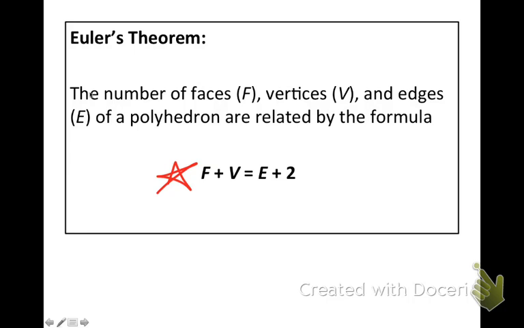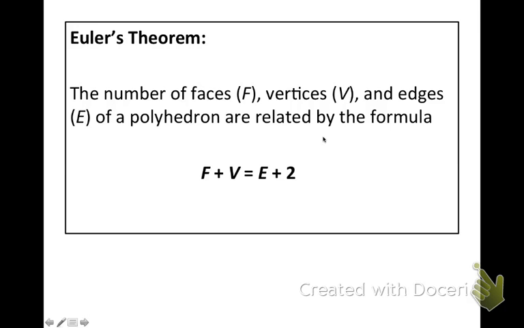It's Euler's theorem. So using Euler's theorem to solve for an unknown amount of faces, vertices, or edges. If you're not given a diagram of the three-dimensional shape, you can use Euler's theorem to actually find the unknown parts.